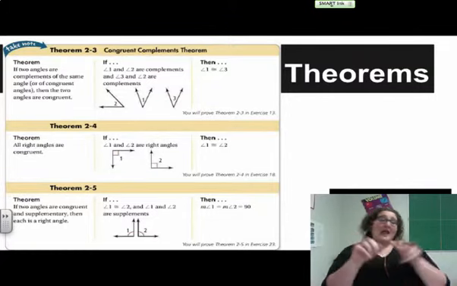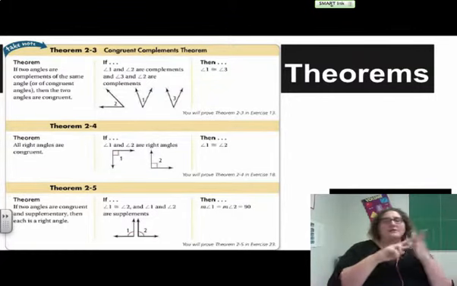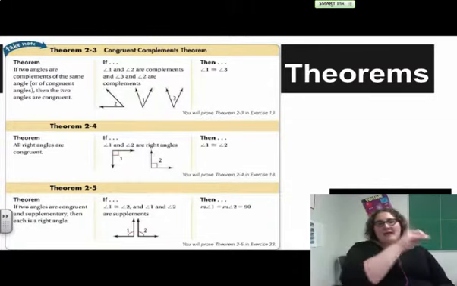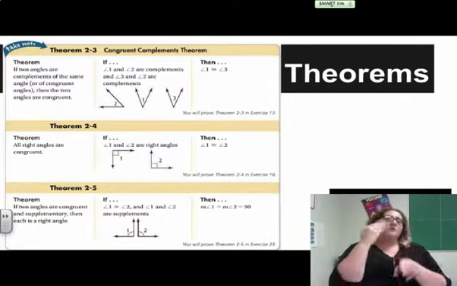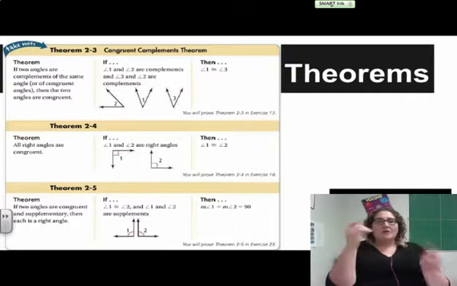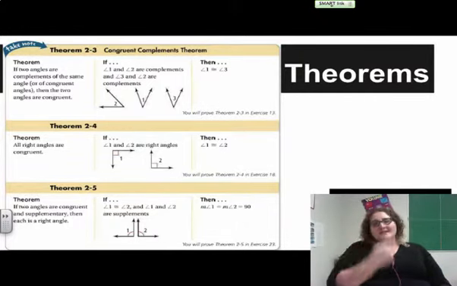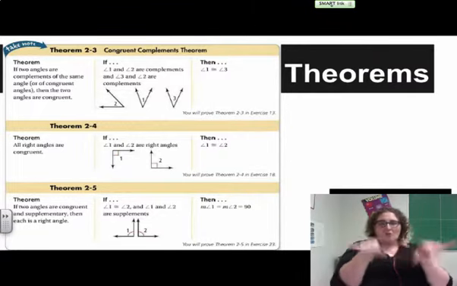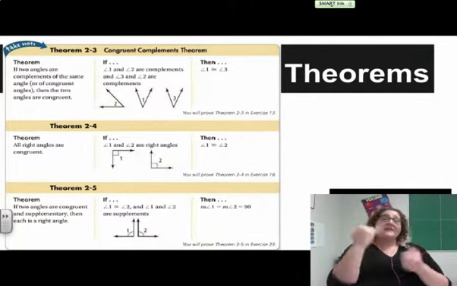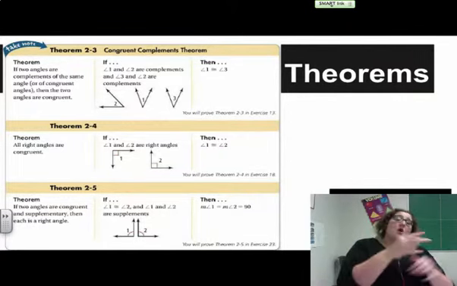We also know that all right angles are congruent. That's a, well, no kidding moment, but it is stated in a theorem that all right angles are congruent to each other. And the last one says if two angles are congruent and supplementary, then each form a right angle. And we already saw that in the previous proof when we proved that all four angles were congruent to each other.